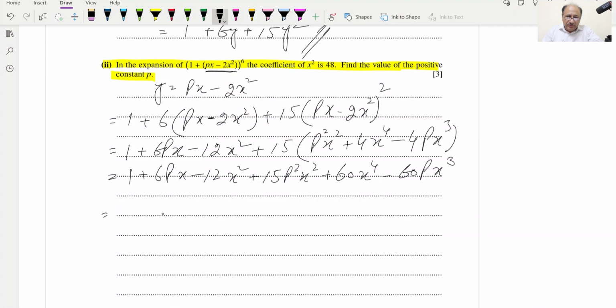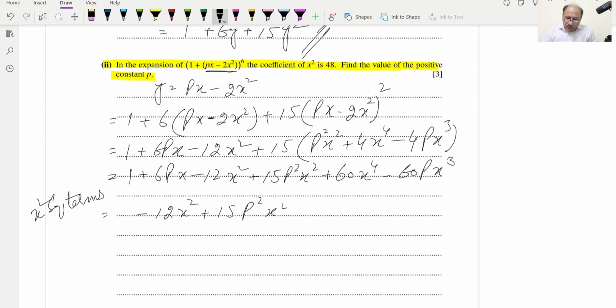Now further we can add the like terms. First of all, we are interested in x squared terms only, because they are saying the coefficient of x squared is 48. So the x squared terms will be minus 12x squared plus 15p squared x squared.